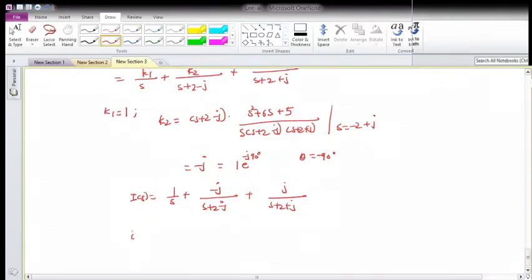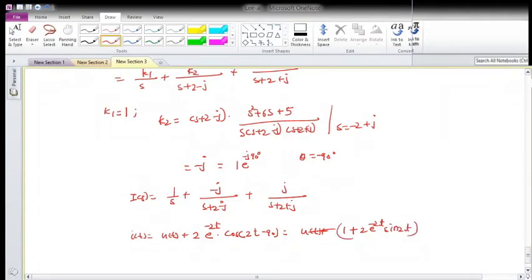And you can take the inverse. So i of t will be u of t plus 2 times r, so 2 times r is 1 into e raised to alpha, alpha is minus 2t, into cosine of omega t, which is 2t, minus theta, which is 90 degree. So I can write u of t plus 2 e raised to minus 2t sine 2t.